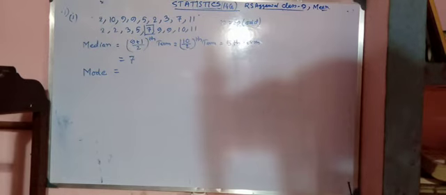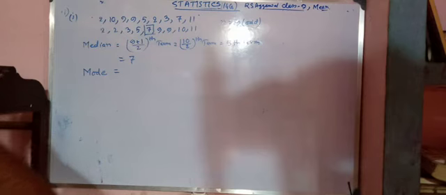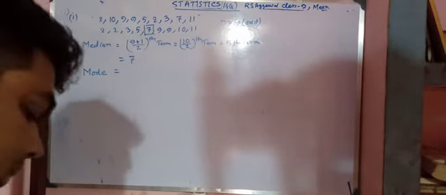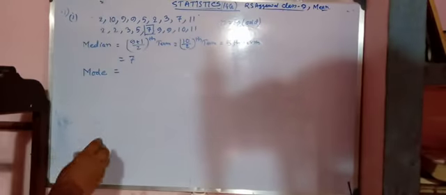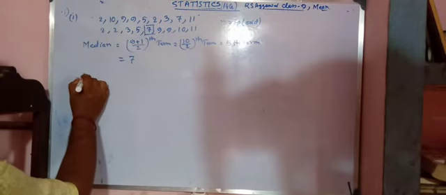If we have to find the mode of this data, then first we have to find the mean, then by using the empirical formula we can compute the mode. It's not given here, but I am doing it so that you can understand. So first we have to find the mean of this data.